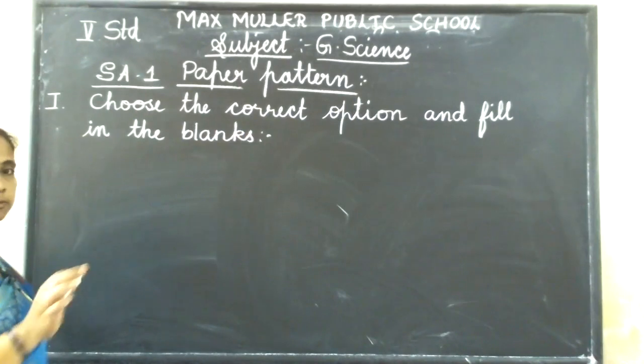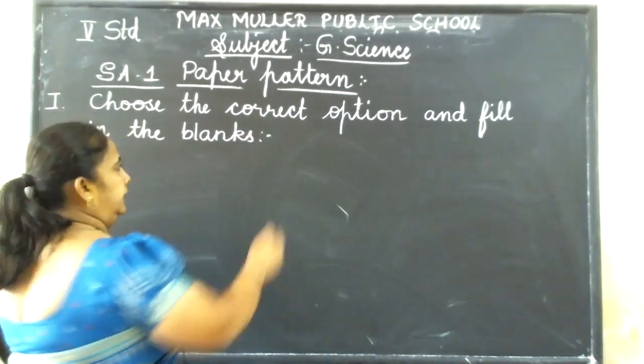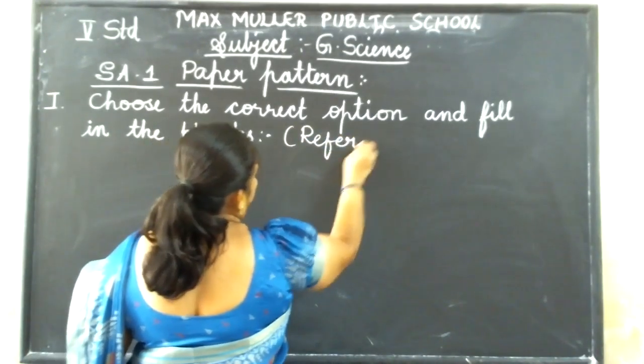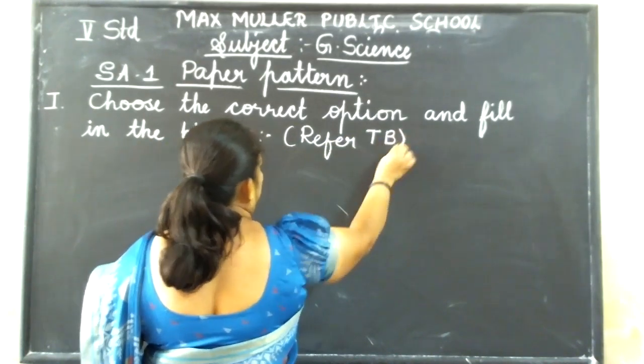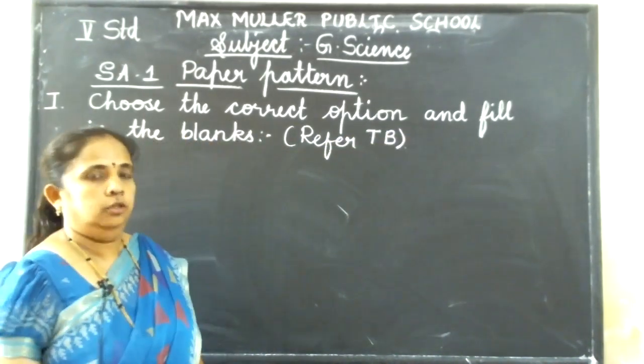So this is the first main, okay? This, you have it in the textbook. Refer to the textbook. From all the 4 lessons, you have to see the textbook, okay?